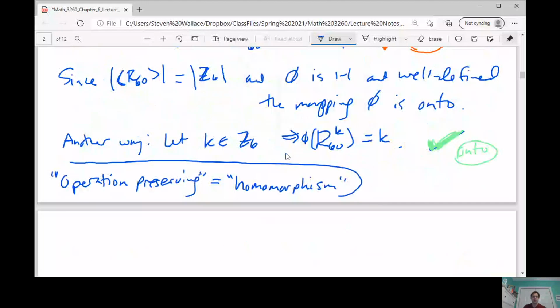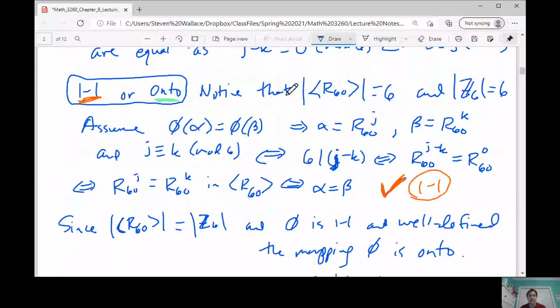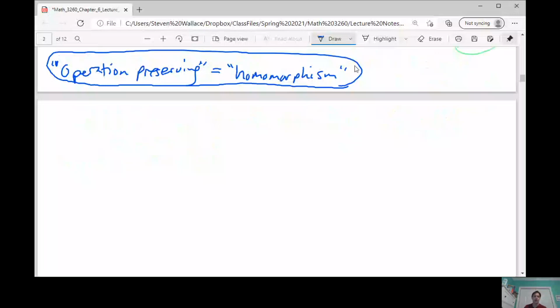If you have a mapping from a group to another one that preserves the operation, that means it is a homomorphism. It is only an isomorphism if it is bijective. But it's useful to know if it's operation preserving.